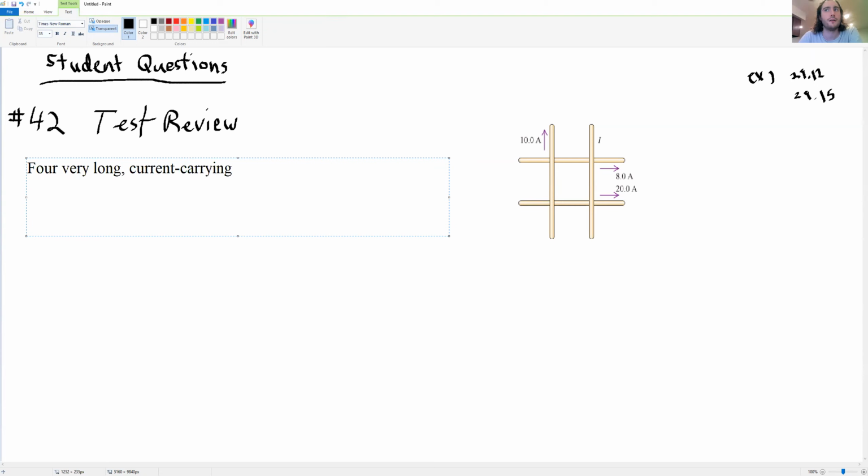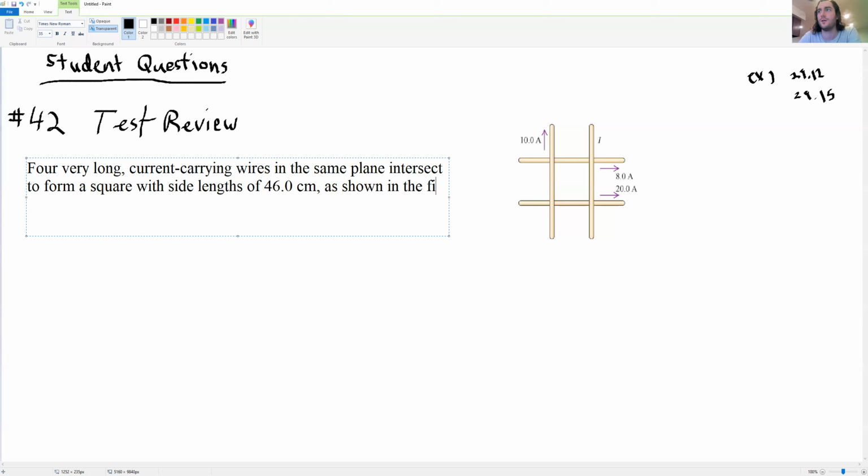Okay, so four very long current carrying wires in the same plane intersect to form a square with side lengths of 46 centimeters as shown in the figure.